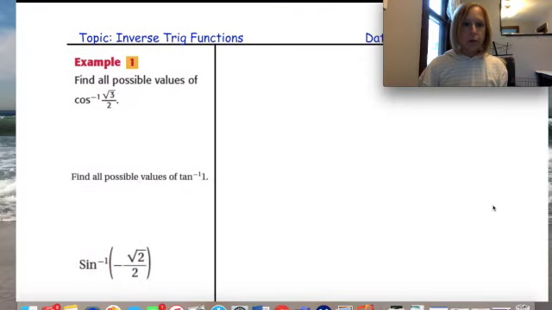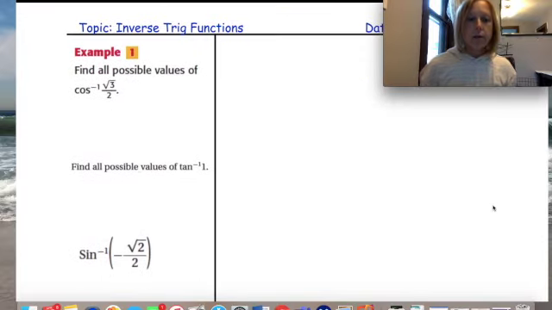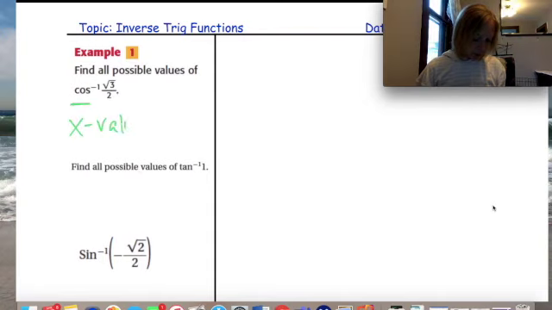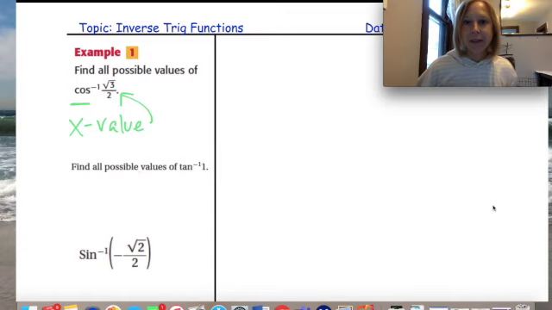So let's try a few of these. Let's start with the inverse cosine of the square root of 3 over 2. So we're going to look at our unit circle. I've got a cosine, so that's an x value, and notice this is a positive square root of 3 over 2. So take a moment, look at your unit circle. Where do you see that? Oh, yep, I see that too, pi over 6.